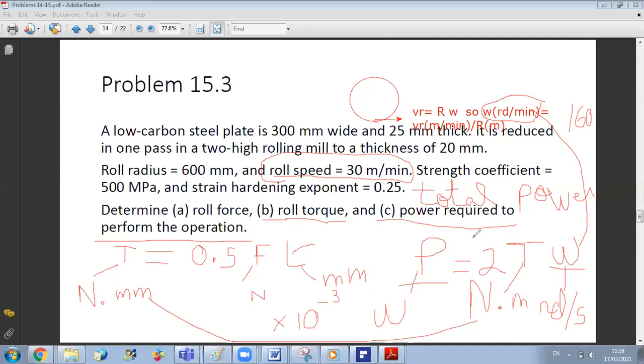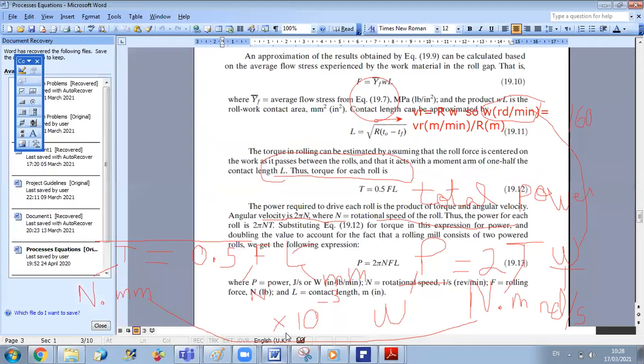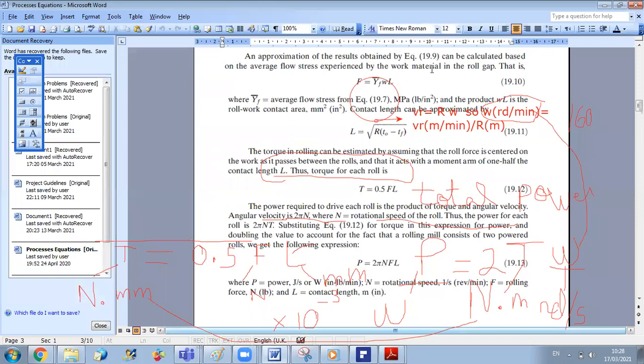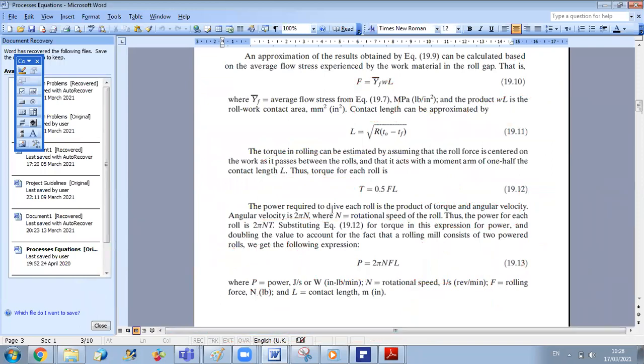If you want, you can use this formula, 2T omega, or you can use the formula developed in the course. After replacing omega by its value, which is 2 pi n, they got that the power is 2 pi nFL. To obtain P in watt, the n should be provided in revolution per second.